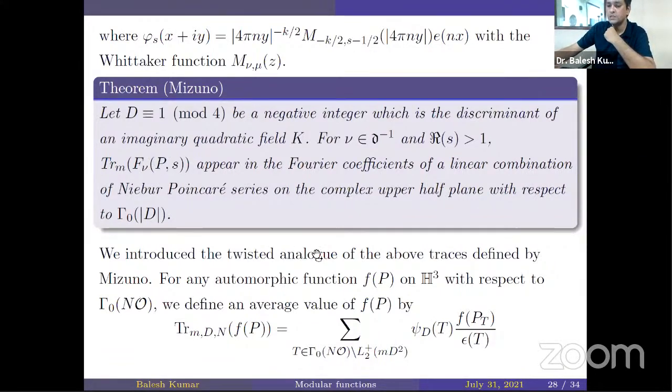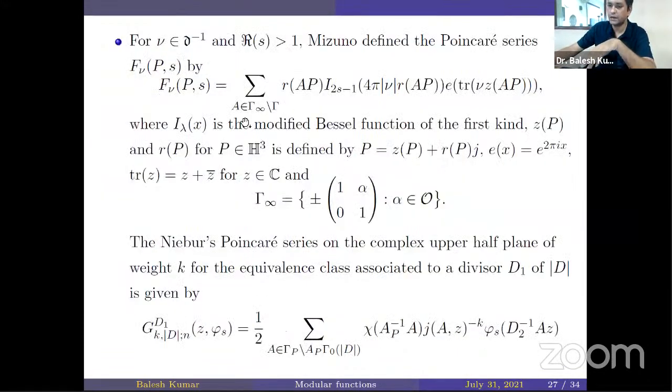And here, as you see, f nu is in fact an automorphic function for SL2(O). Here gamma is SL2(O), and one can in fact prove that this is an automorphic function for SL2(O).